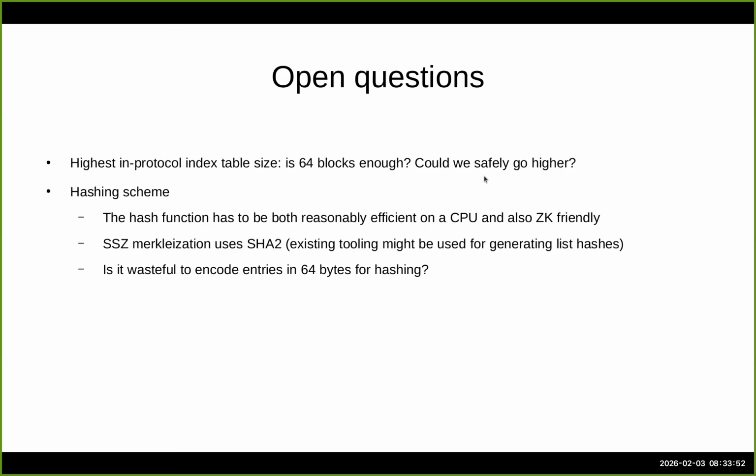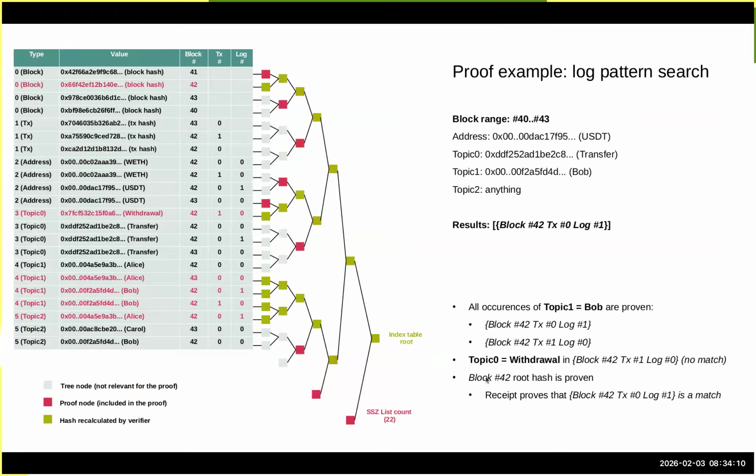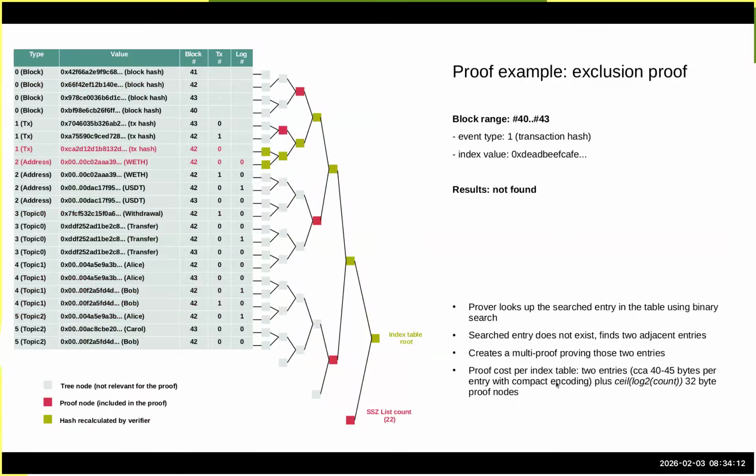But in general, let's go back to this. Here I did some calculation at the end: proof cost per index table.